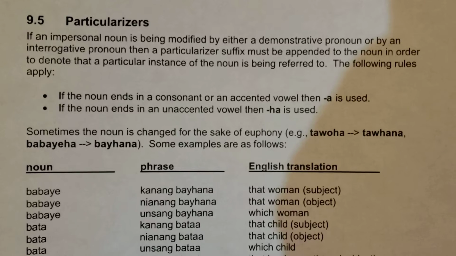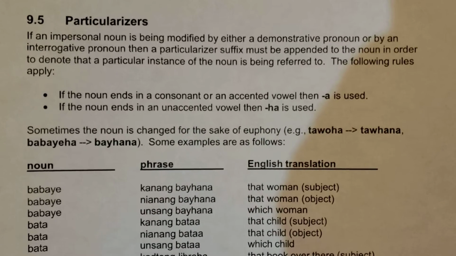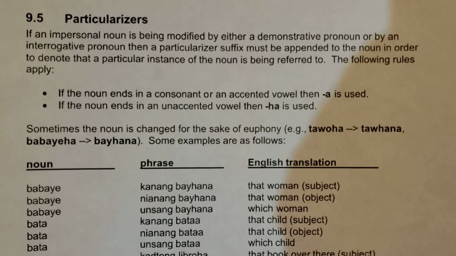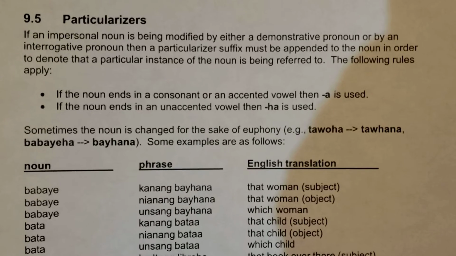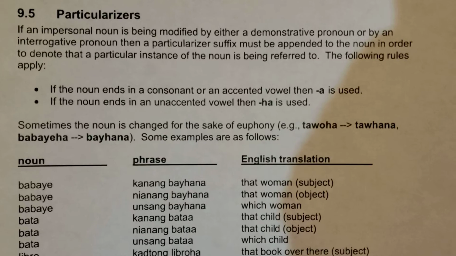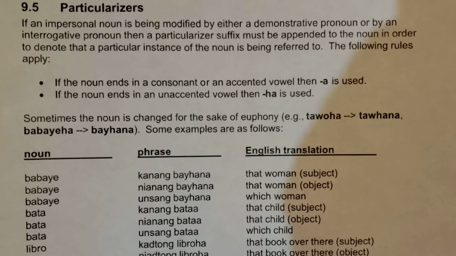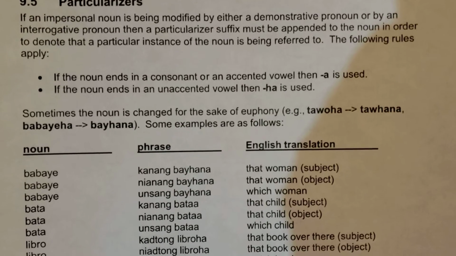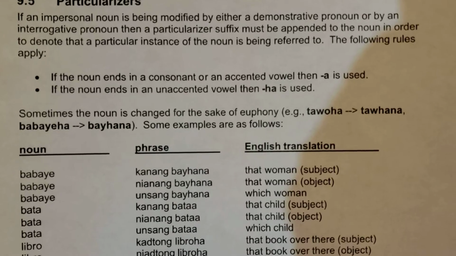If the noun ends in a consonant or an accented vowel, then we'll use the suffix with an a. If the noun ends with an unaccented vowel, then we'll use the suffix ha. Sometimes the noun is changed for the sake of euphony. For instance, tao, then the ha is actually changed to tao hana. Babae with the ha is actually babaehana.